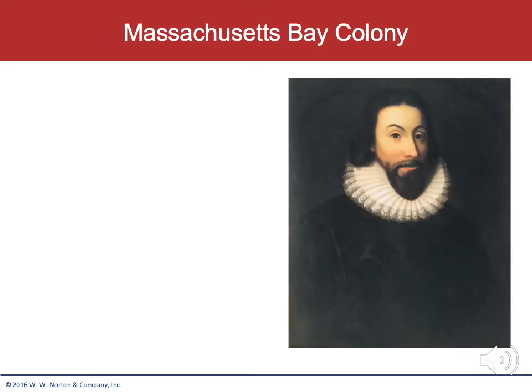And the next group come 10 years later. So these Puritans were people who were non-separatist. They believed that they had to stay in the Church of England in order to, in a sense, shame it into becoming more Calvinist.